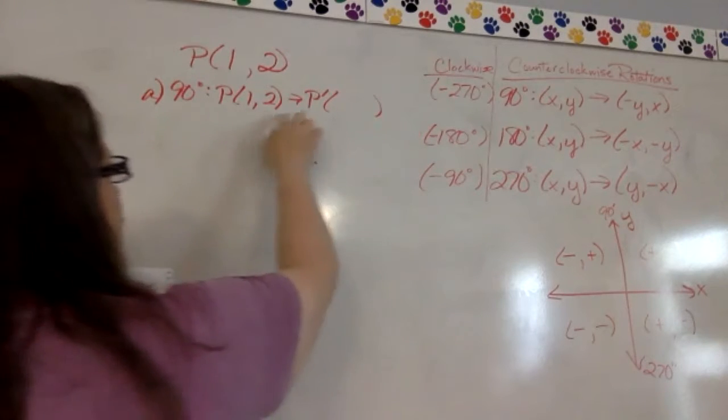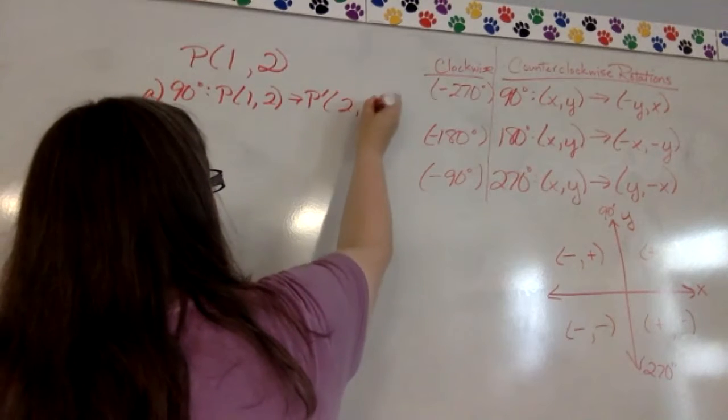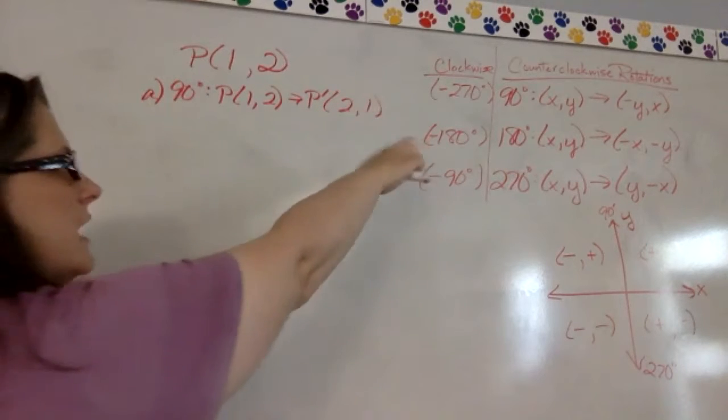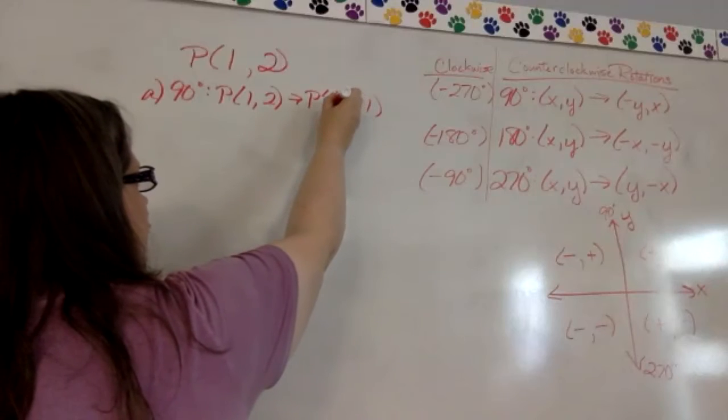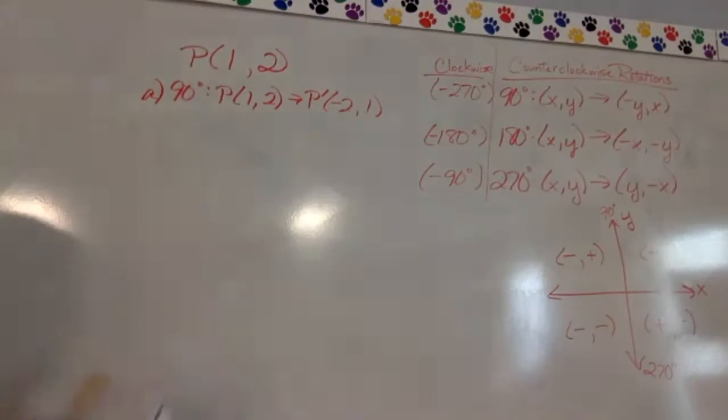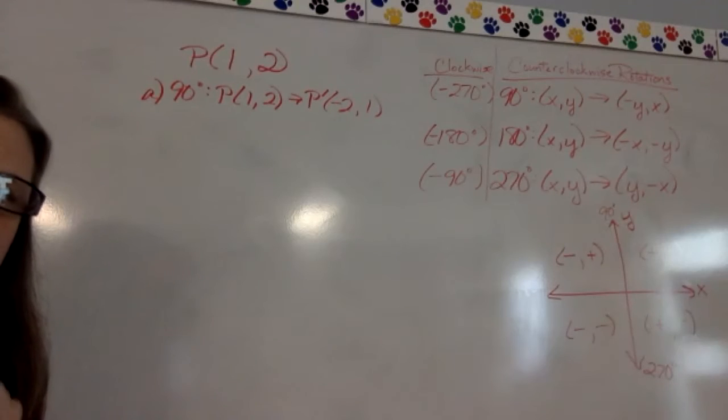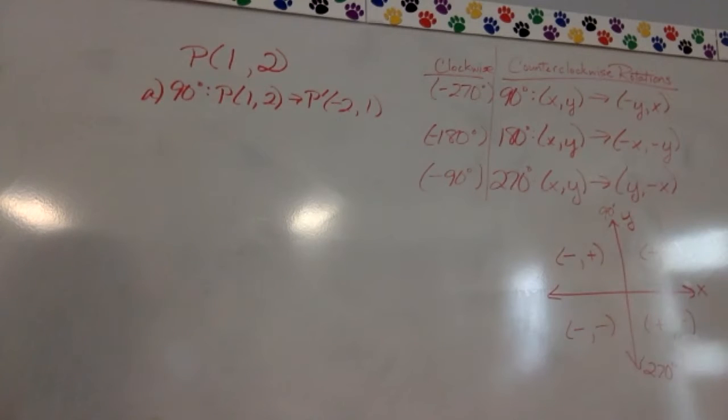So instead of having 1, 2, I would have 2, 1. And then I also changed the sign on the front number. So instead of it being positive, it's going to become a negative. So all I did was use the rule, flip the order, and then change the sign on the one in the front.